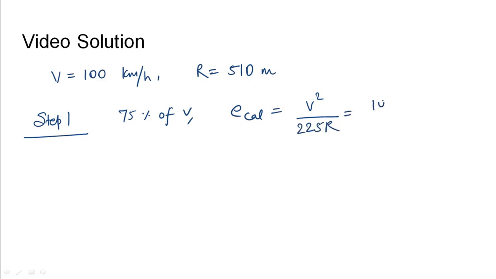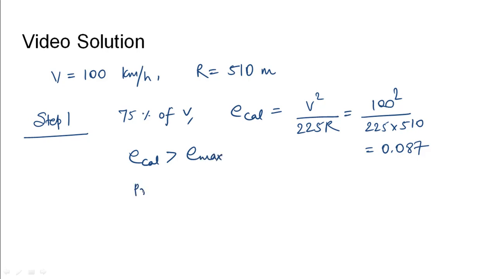Here v is substituted in kilometers per hour itself, 225 into r, that is 510. This gives the value to be 0.087. We can see that the calculated value is greater than the maximum value. So we will provide Emax, that is equal to 0.07.